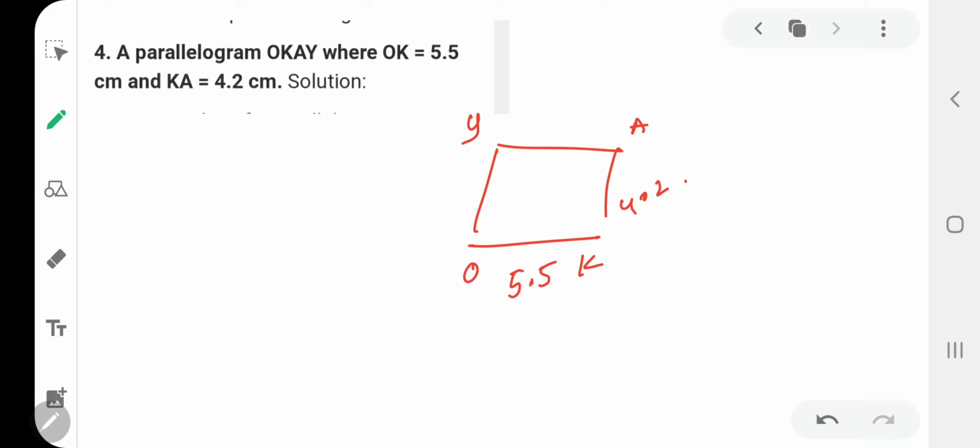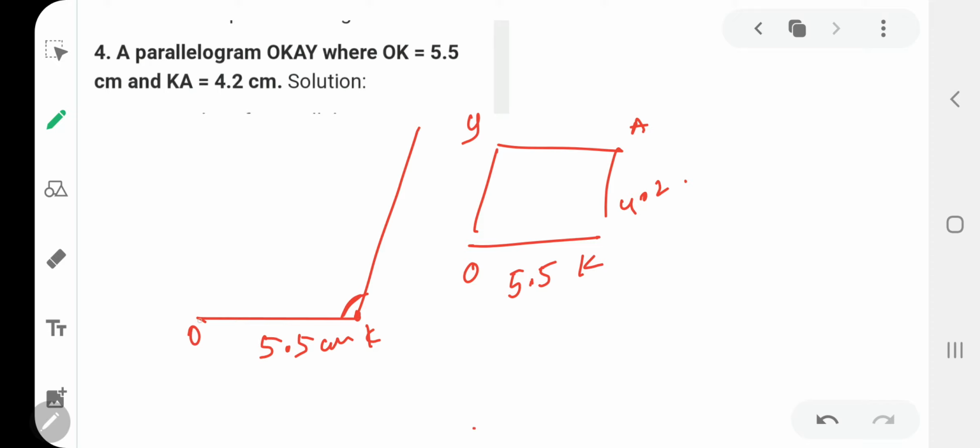In that case, we know it's a parallelogram, so opposite sides will be parallel. Step number 1, draw a line segment OK, which is 5.5 centimeter. At point K, draw a ray at a convenient angle. Any angle you can take.